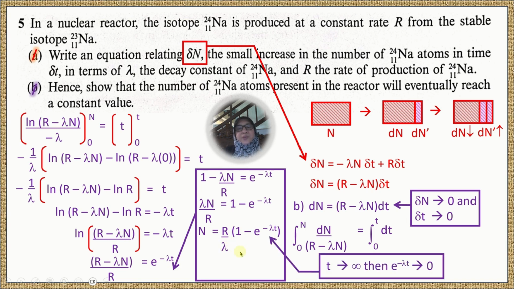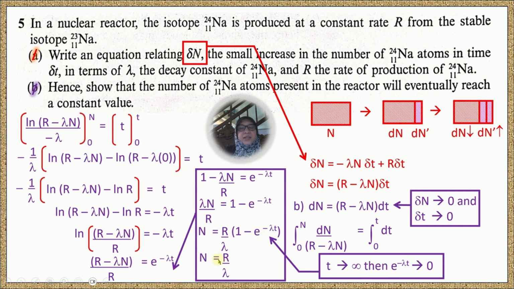Okay, so when t approaches infinity, when the time goes on, this is what the question wants, eventually reach a constant value. That means when the time reaches infinity, e to the power of negative lambda t will approach 0.